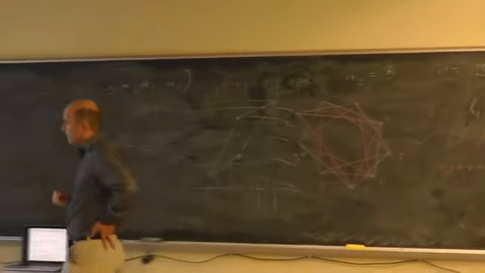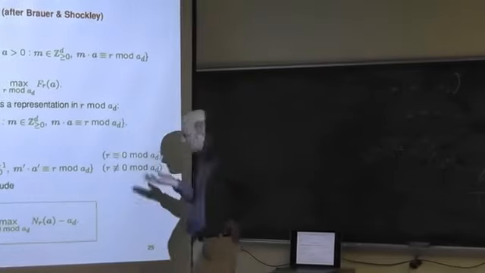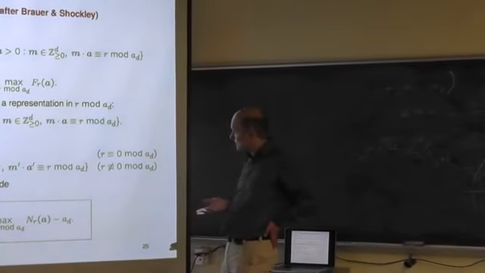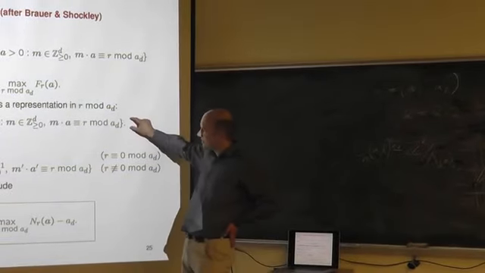Now, how can you find a simpler formula for these FRs? Well, take the smallest positive integer that has a representation in R modulo AD, that's this guy, NR.